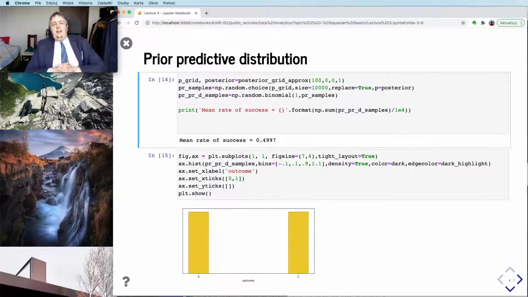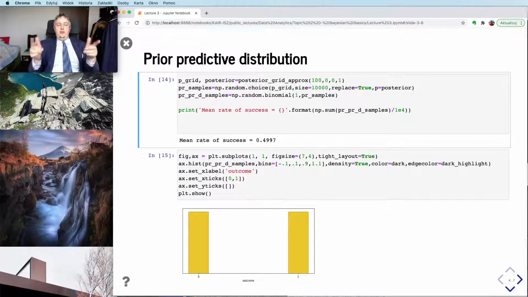Having that, we are able to compute the prior predictive distribution. Remember, the prior predictive distribution is what we know before data, and the posterior predictive distribution is what we know after data.